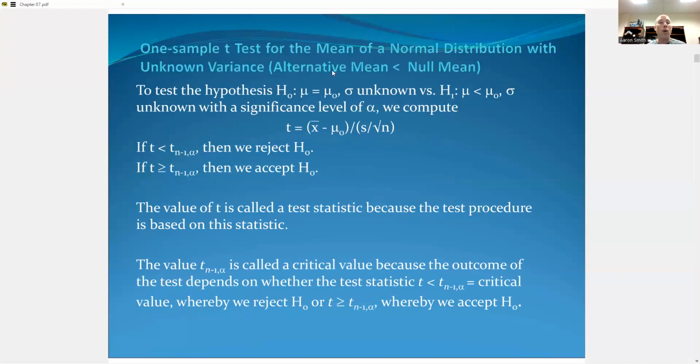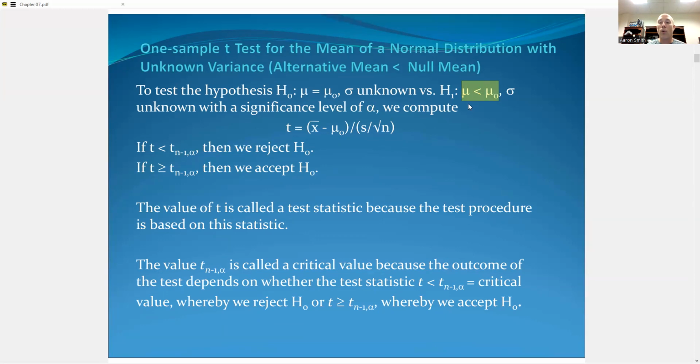All right, so let's talk about a one sample t-test for the mean of a normal distribution with unknown variance. So here we're saying the alternative mean is less than the null mean. We want to test the hypothesis that, so let's look at the alternative first.